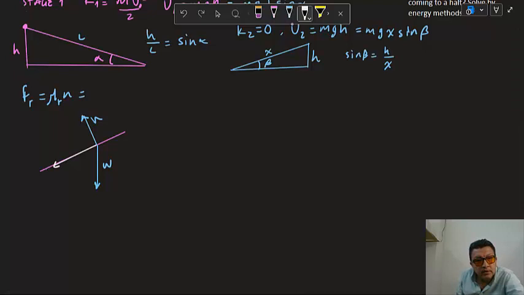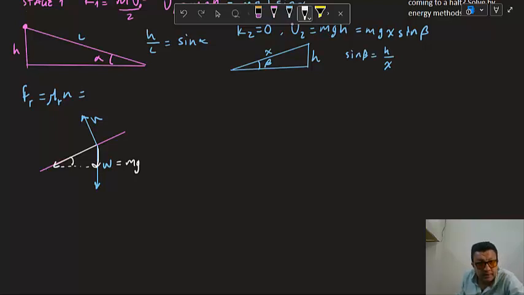Let me draw a triangle. Now we know this side is mg, the weight, and we need to calculate this side.